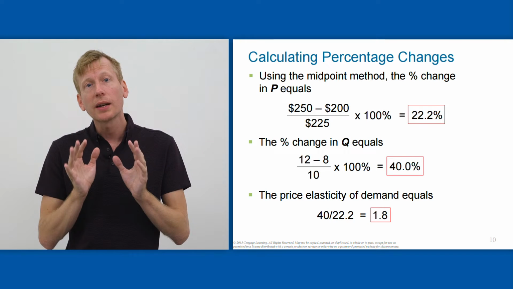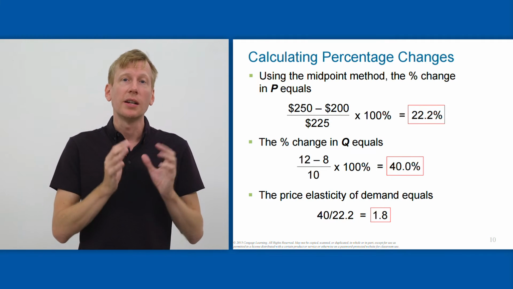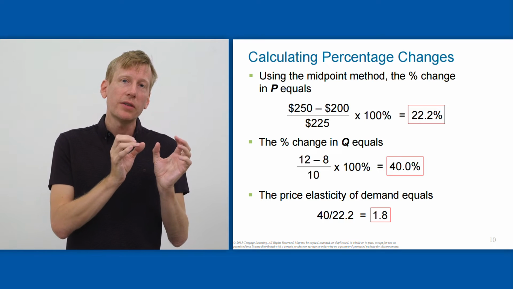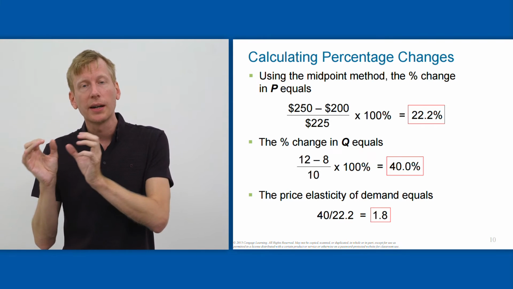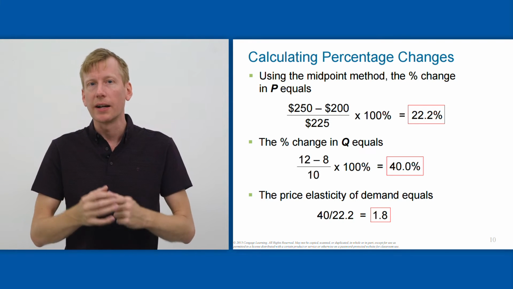So if our end value is 250 and our starting value is 200, then our midpoint between those two is 225. So we would calculate our percentage change in price as 250 minus 200 divided by 225.